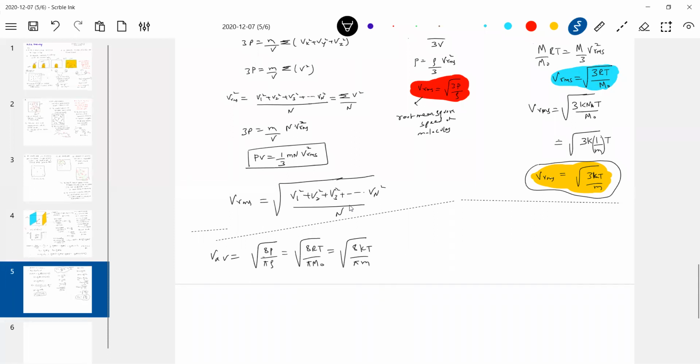And the average speed of molecules. Next, the most probable speed, which is equal to root of 2kT by m.